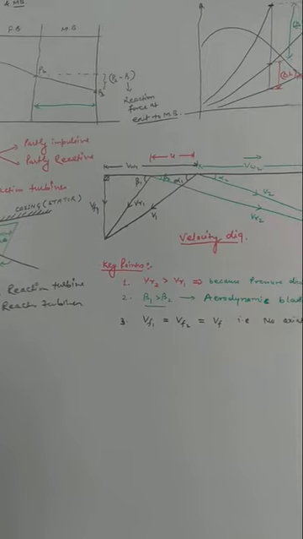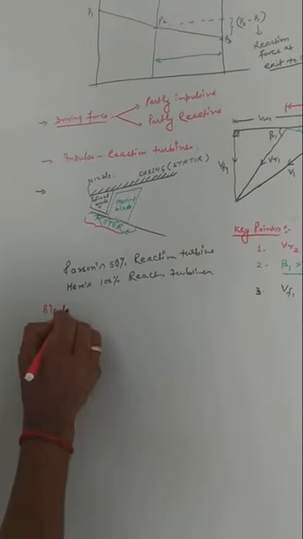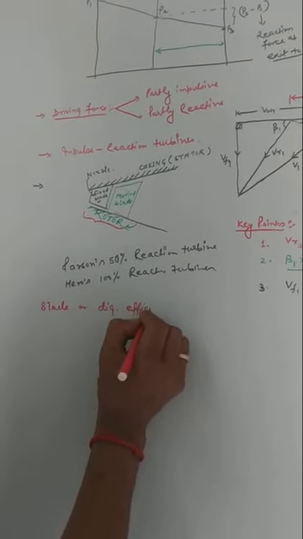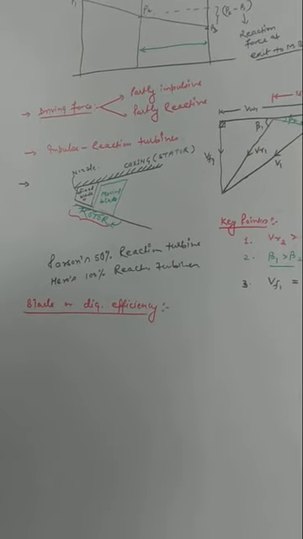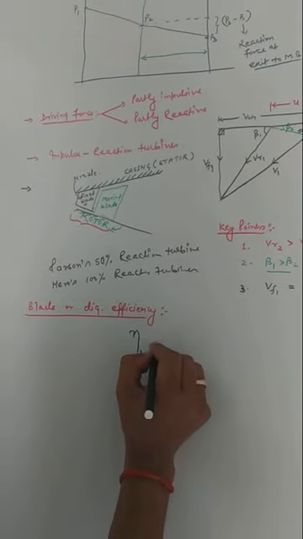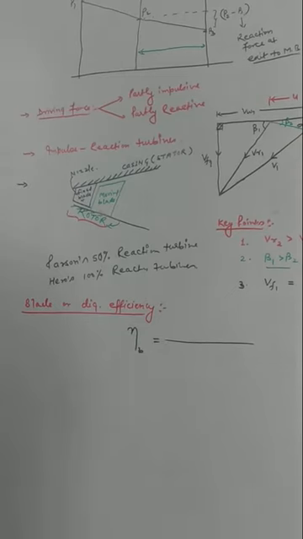Now we can calculate the blade or diagram efficiency for the reaction turbine. We know that the blade or diagram efficiency is the output divided by the input. Output is the work done at the shaft output.